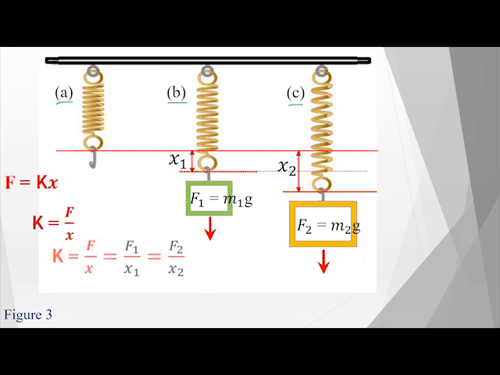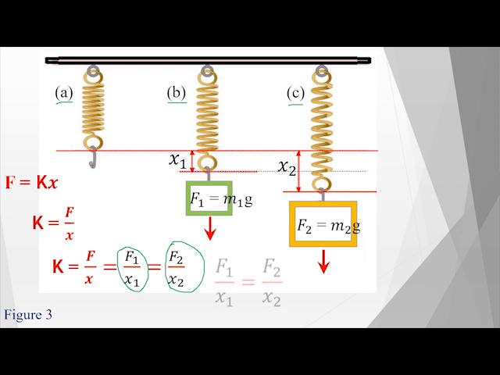Still on the same note, if our elastic limit is not exceeded, then K can become a common constant, and so the fraction F1 over X1 is also equal to F2 over X2.